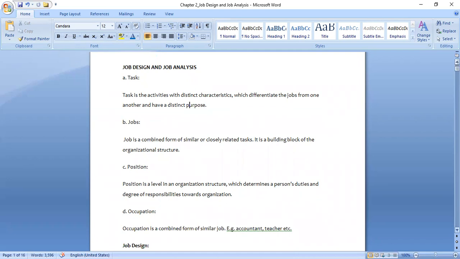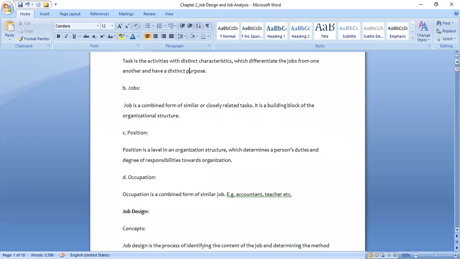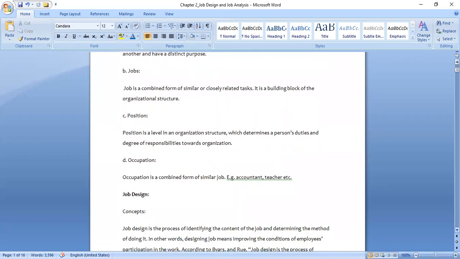Then a job is basically a combination of different tasks. So a job has different tasks to be done, and a combination of those tasks makes up a job.